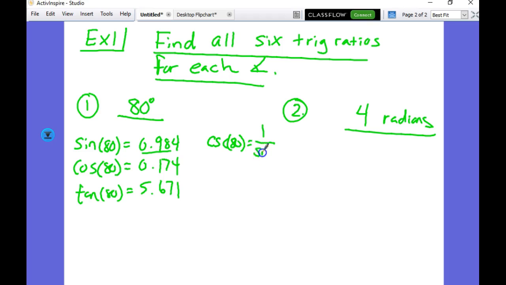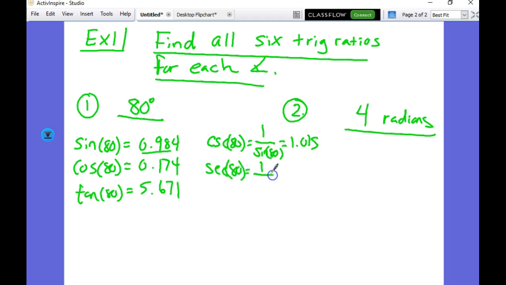How about doing 1 over sine of 80? So here's what I want you guys to put into your calculators. Push 1, divided by sine 80, and then push equals. You should be getting 1.015.